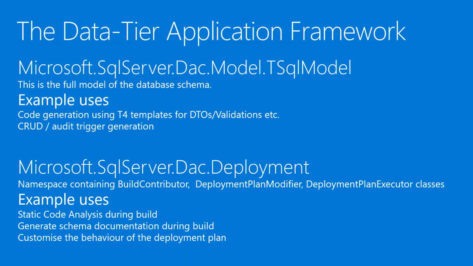A deployment plan modifier can change the behavior of the steps that we're going to do for the deployment. And a deployment plan executor can customize the behavior of the execution. We can get a different progress, a different result output, or a log file or something like that. Okay.